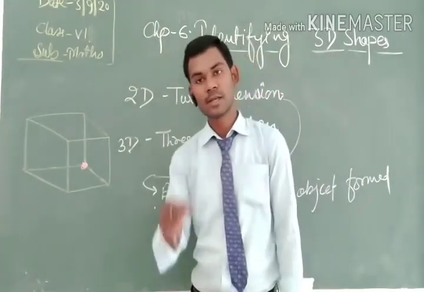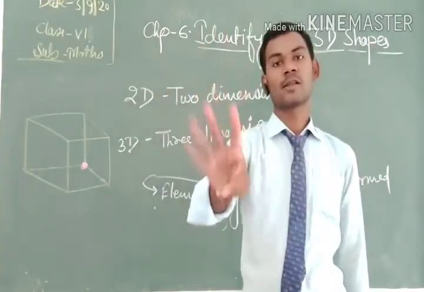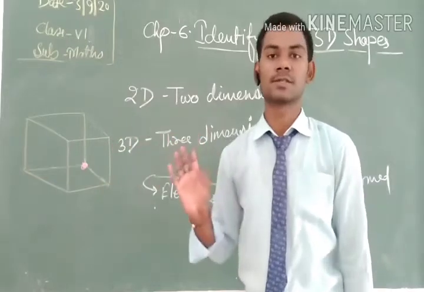So here we can see that at a point three mutually perpendicular lines pass.